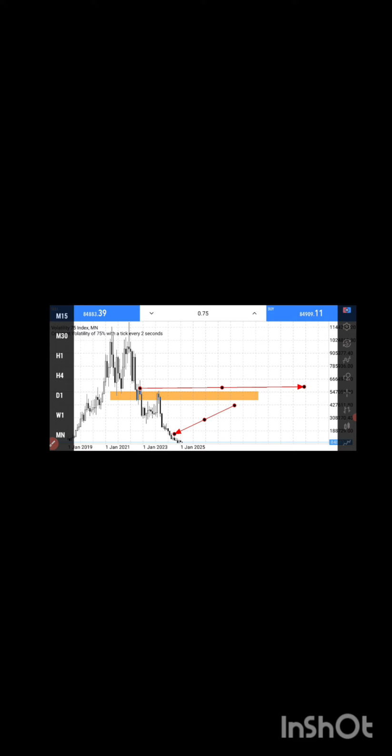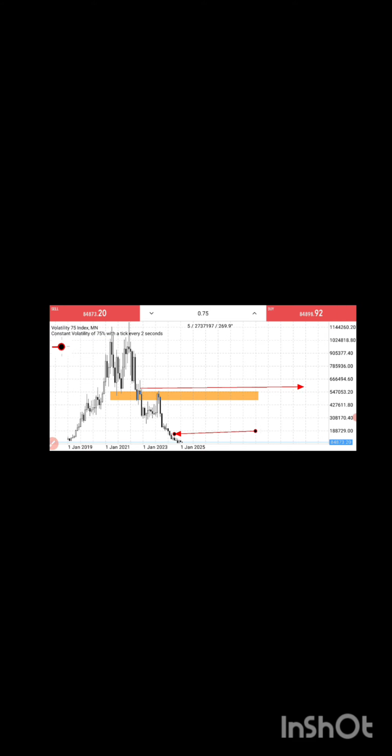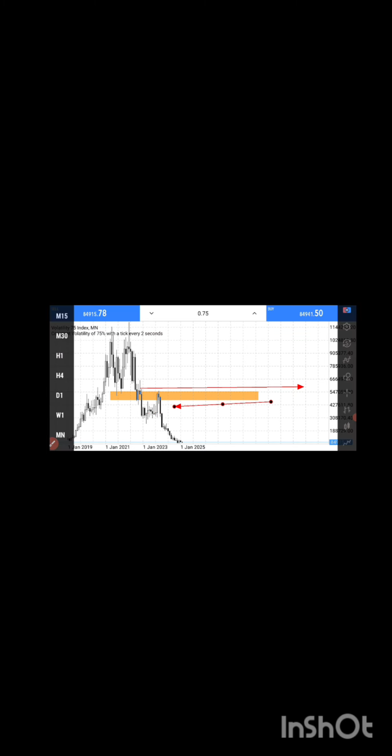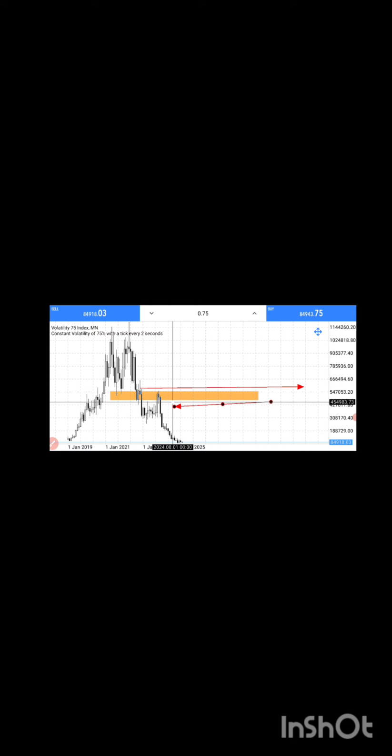Then you optimize your risk reward by waiting for price to come and react near this block, so you enter this trade here or here, and you want your stop loss to be fixed here. Even though it's very costly, at the end it's worth it.